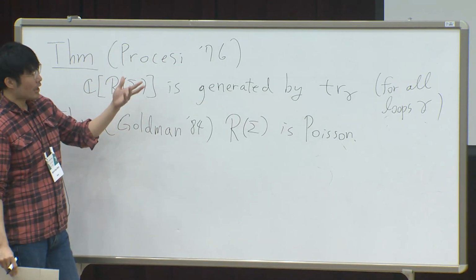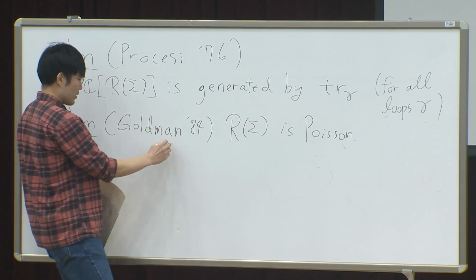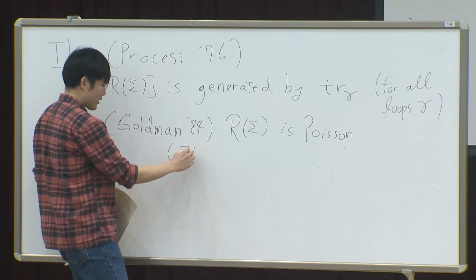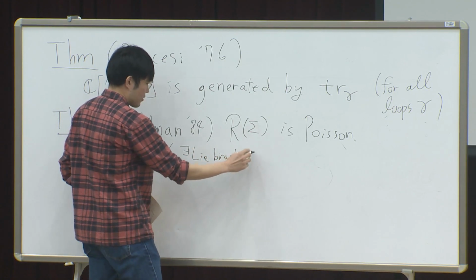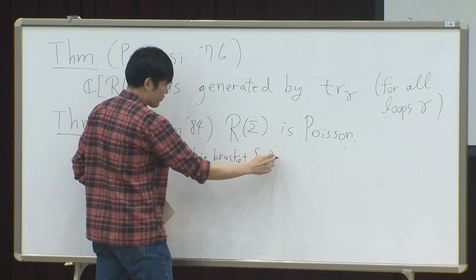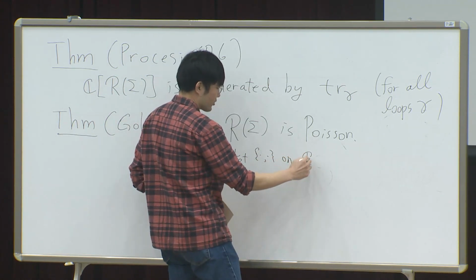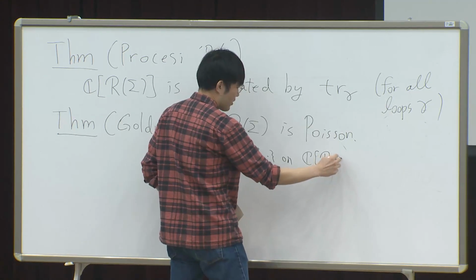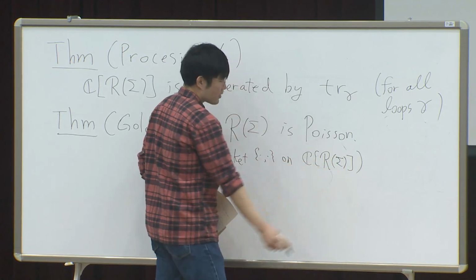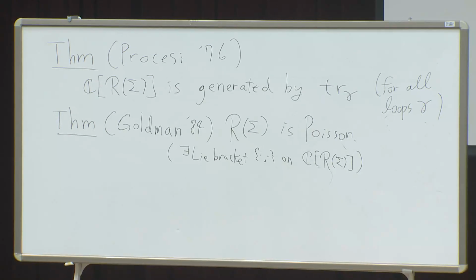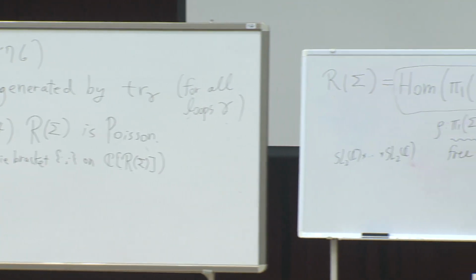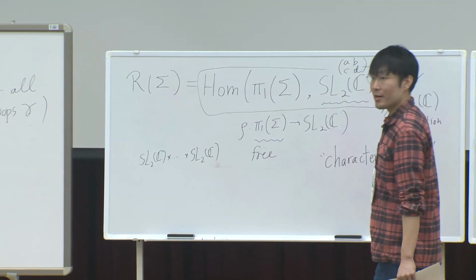And in terms of the algebra, it says that there exists some special Lie bracket, which is a binary operation on the ring of functions that satisfies the Leibniz rule. So this can be viewed as a Poisson variety, something like a Poisson manifold.